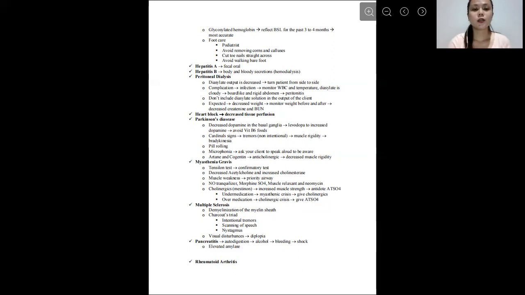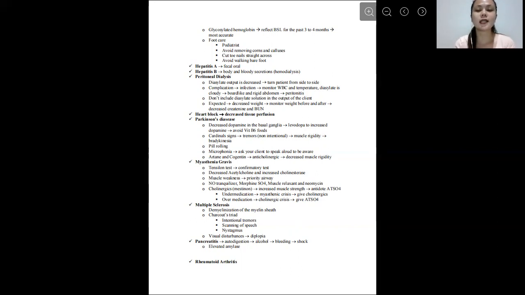There is decreased dopamine in the basal ganglia, so there is a decreased secretion or production of dopamine. So we give levodopa in order to increase the production of dopamine. Our management is to avoid foods with vitamin B6 because vitamin B6 would decrease the effectiveness of levodopa.